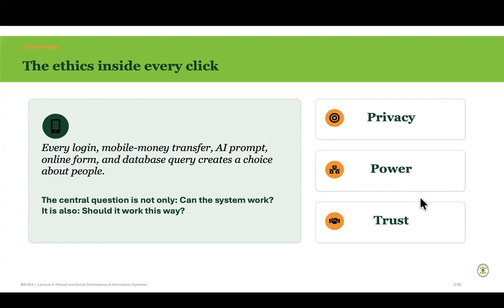So the ethical issue often does not begin with one dramatic event. It begins with ordinary data collection about us. The concern becomes serious when data is combined, shared, sold, or used to classify people in some way, or even used to make decisions that we cannot see or cannot challenge.